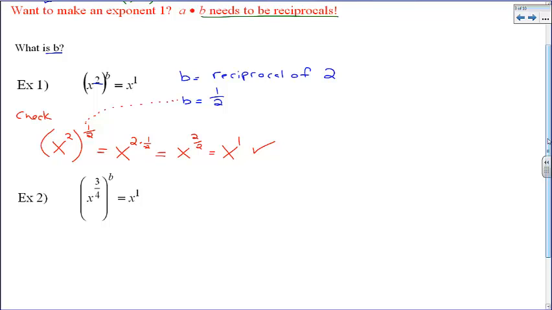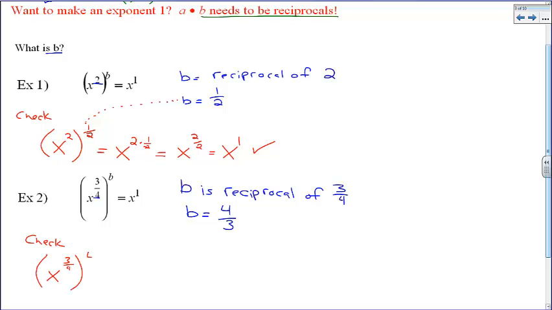Similarly, in example 2, I want to have b as the reciprocal of 3/4 to make this statement true. So I will choose b equal to 4/3, perform my check, and see that it works out.